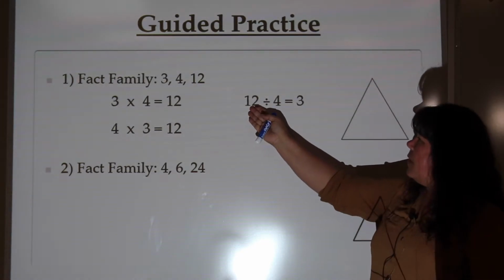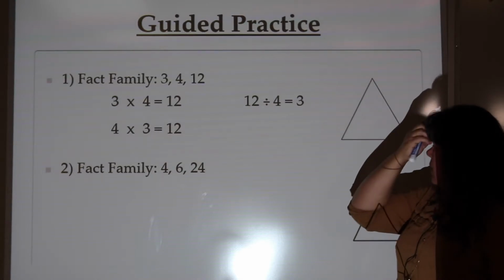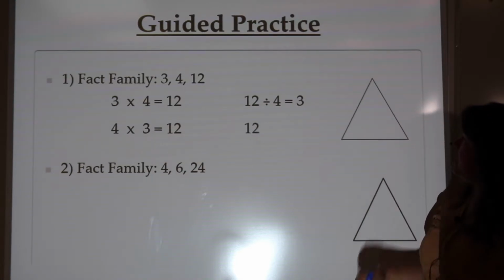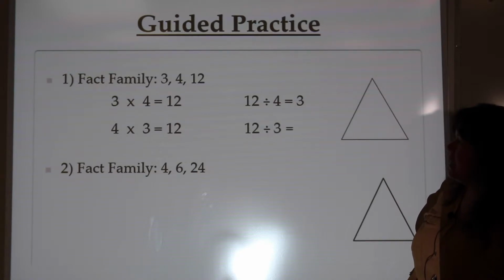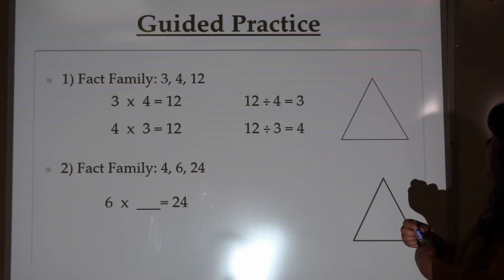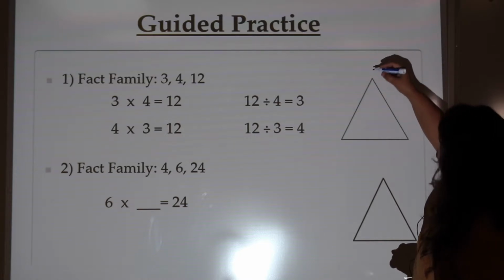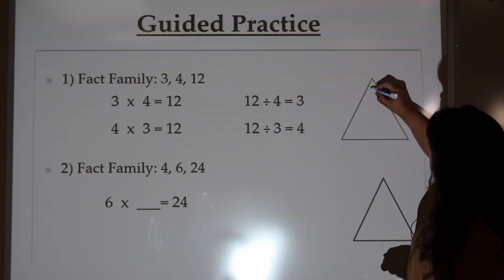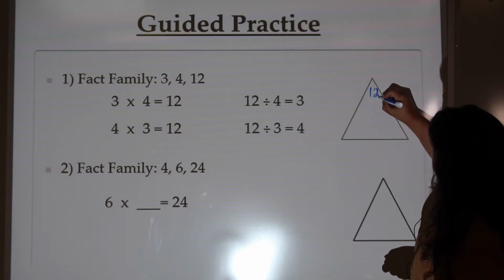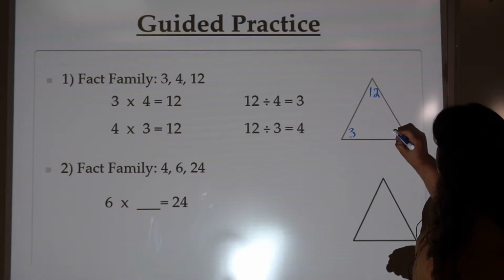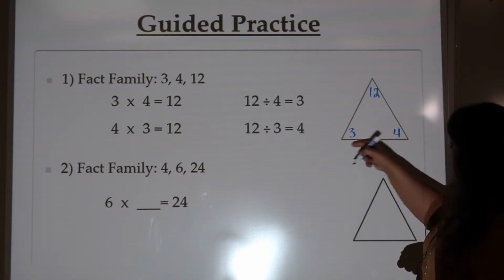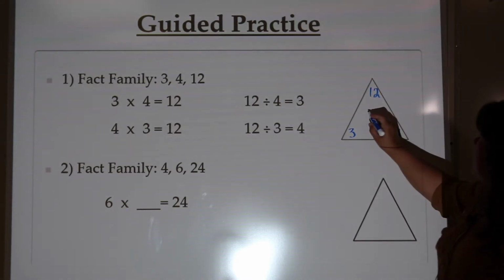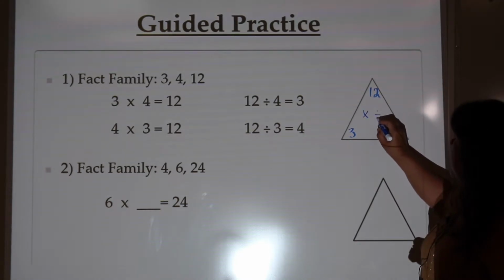I'm going to put it over here and have 12 divided by 4 equals 3. 12 divided by 3 equals 4. But let me show you how that looks on here. So I would always have my biggest number here, which in this case is going to be my 12. And then I can have 3 and 4 here. It doesn't matter which side I decide to put those two factors on. And then you're either multiplying or you're dividing.